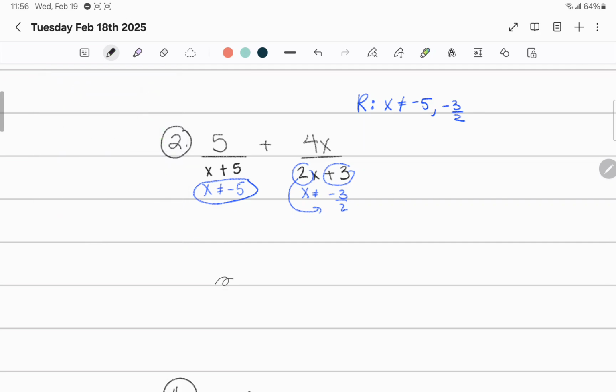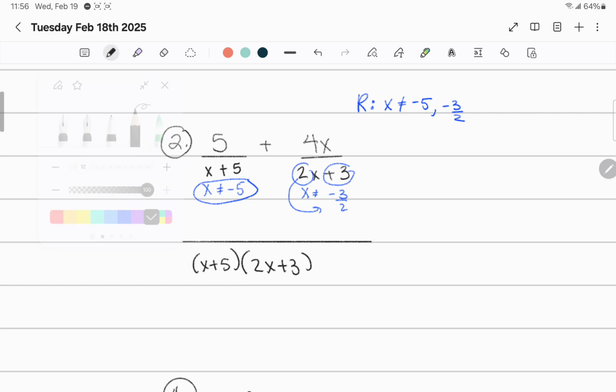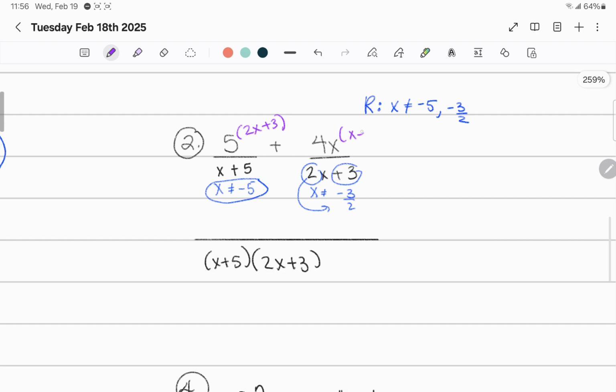So let's put the denominators together. So x plus 5, 2x plus 3, and then we cross multiply. So we're gonna bring this over, and then bring this over.